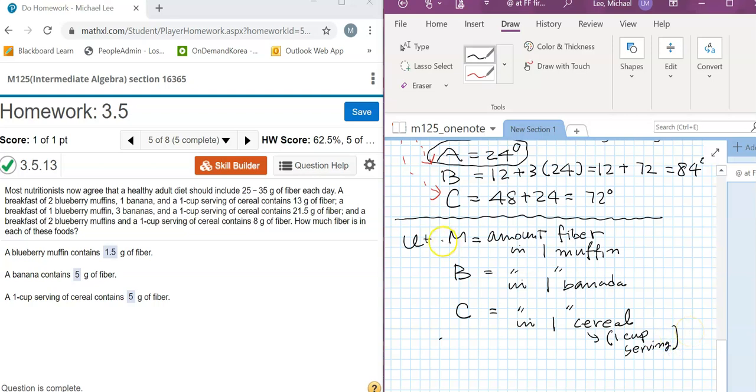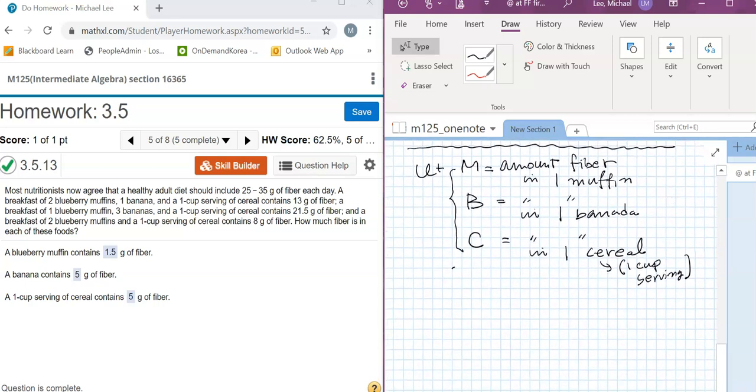Okay. So now we declare the variables, and it's easy to see M for muffin, B for banana, C for cereal. And let's look at the first statement. A breakfast of two blueberry muffins, and one banana, and then one cereal, one serving, has 13.